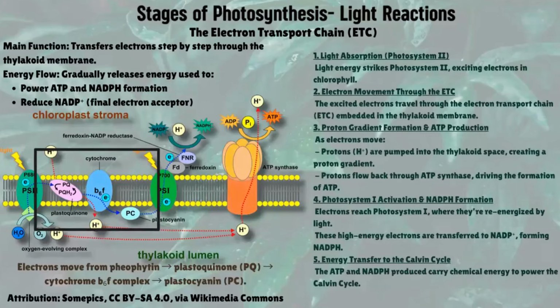Now let's talk more specifically about the electron transport chain. This is just showing more details about that process. You'll notice here that we're talking about the thylakoid membrane. We're producing ATP and NADPH. The goal is to reduce NADP, which is going to accept the hydrogen from that lumen that contains all those hydrogens.